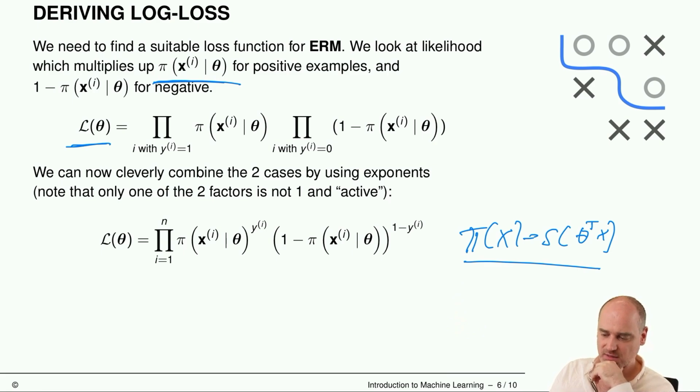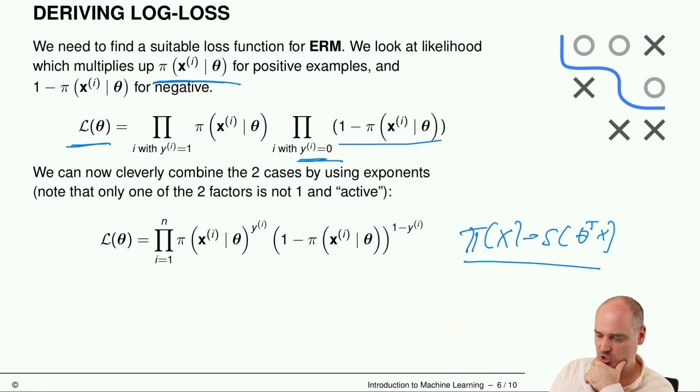If it's a positive example, we use pi of xi, the probability for that class being positive. And if it's a negative example, so if the label is 0, we multiply up the counter probability, the probability of the class being negative, in our likelihood function.